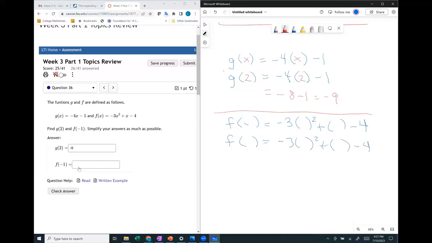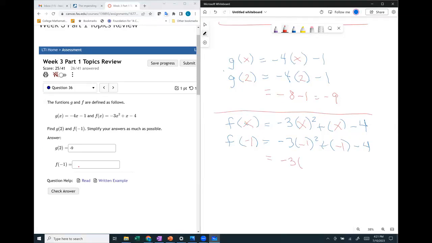So here, if I say this is x, I go back to my original equation. If I say this equals -1, now we have negative 3 times (negative 1) squared.